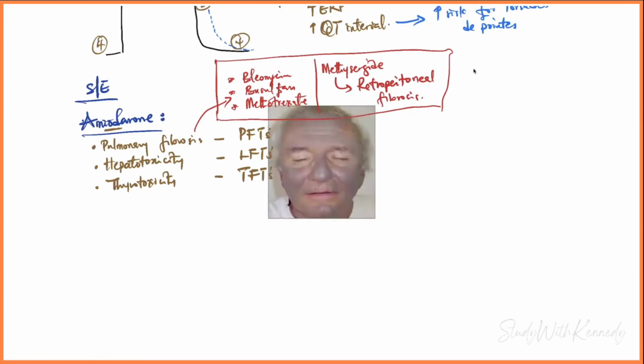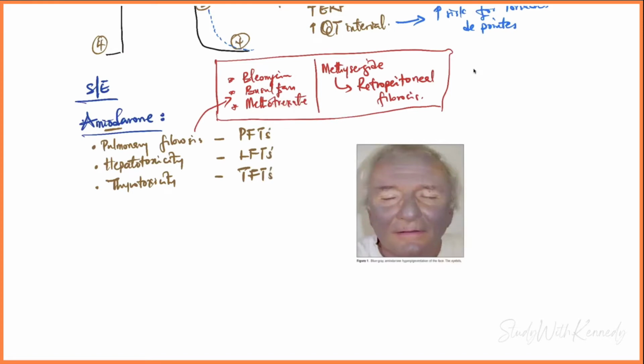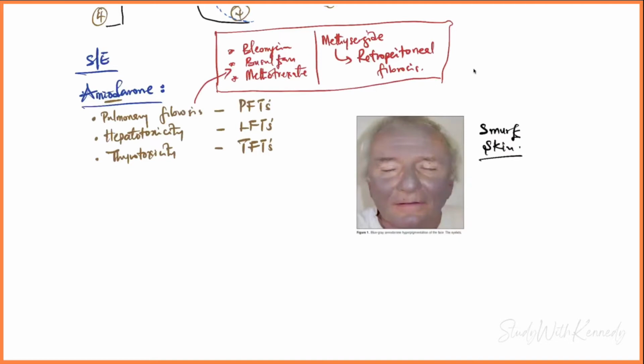The other thing amiodarone could do is make patients look like this. Amiodarone could produce this kind of appearance: hyperpigmentation of the skin and a bluish-grayish discoloration. This appearance is described as smurf skin. It's blue-gray skin deposits and discoloration, right?